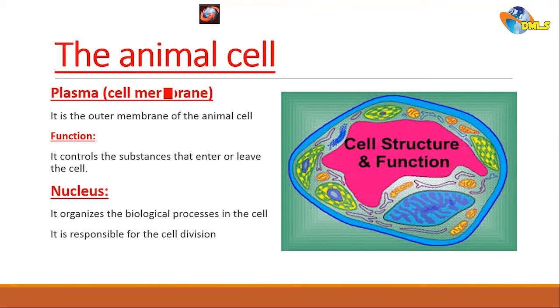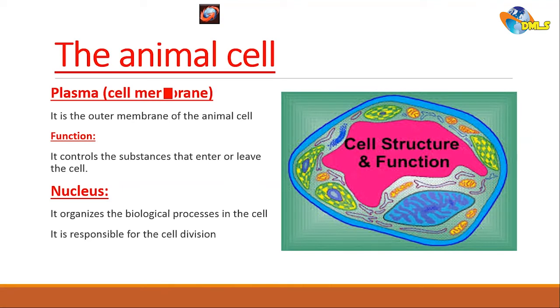So the cell membrane is the outer membrane in the animal cell. Its function is the same as in the plant cell: control substances that enter or leave the cell. The nucleus also has the same function too.